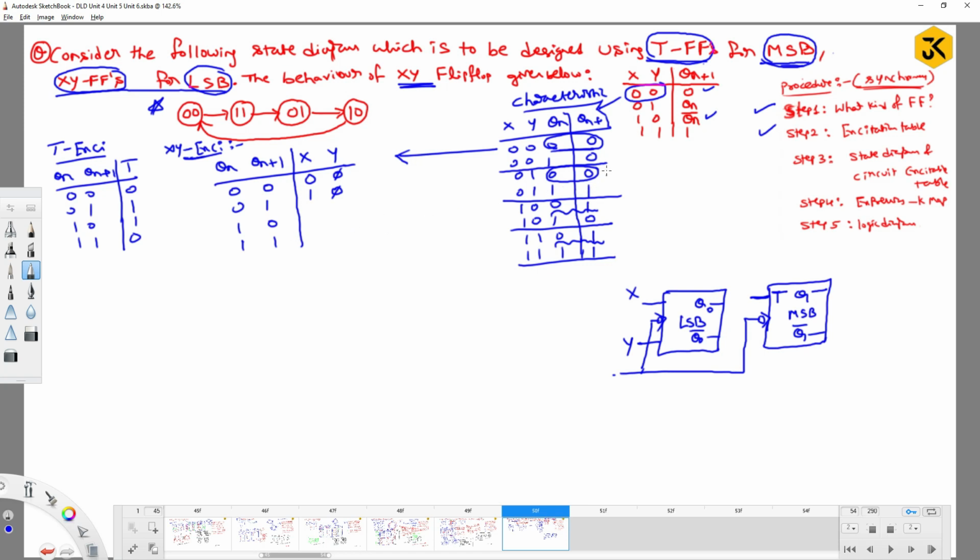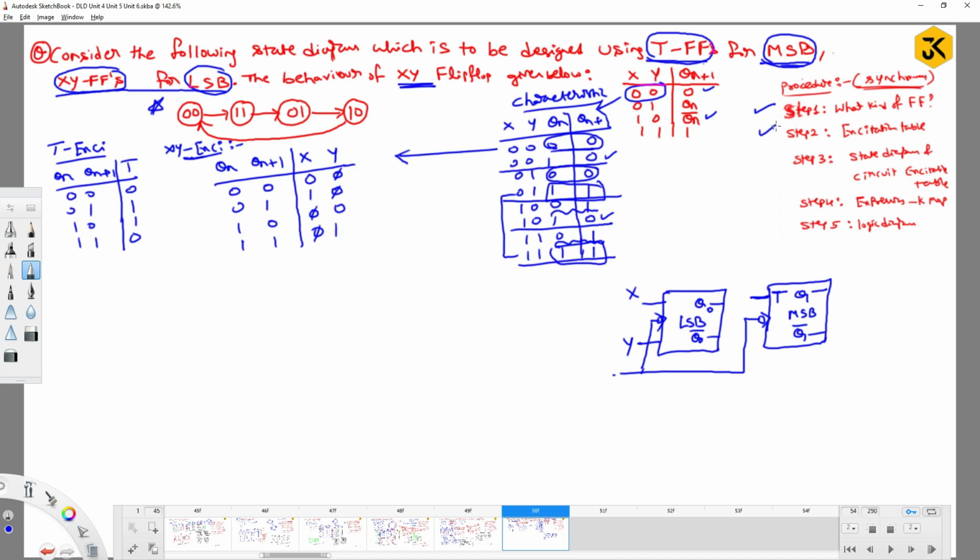If it is 1 0, that will be pi and 0. Similarly for 1 1, you have to take these two cases, pi and 1, fine? So this is what the excitation table is.